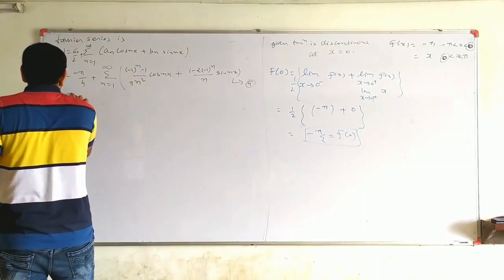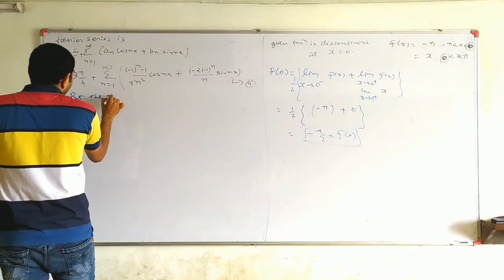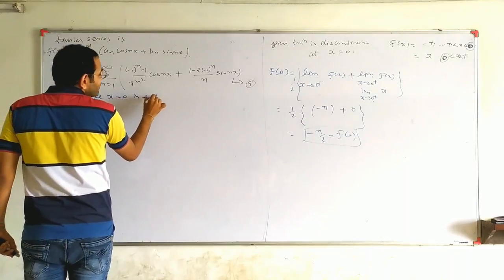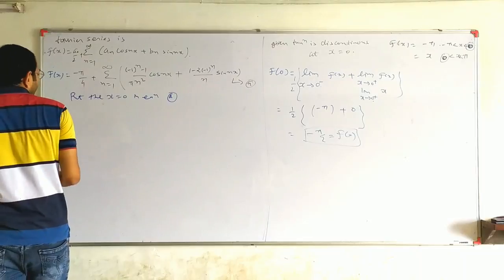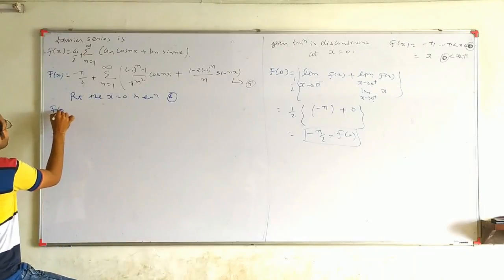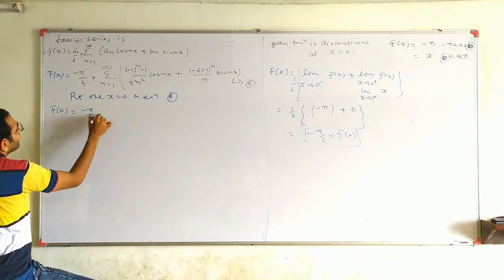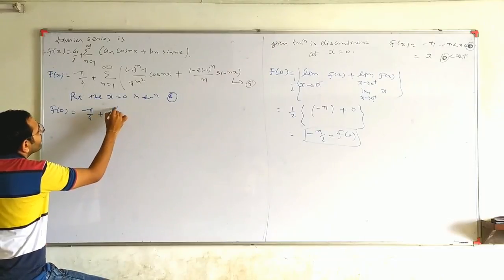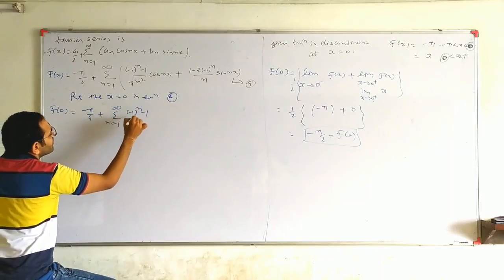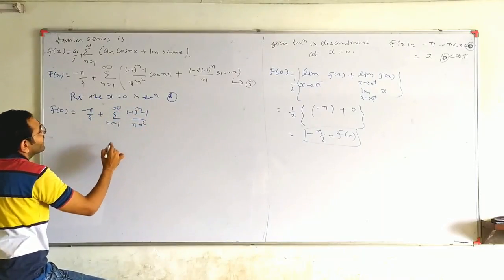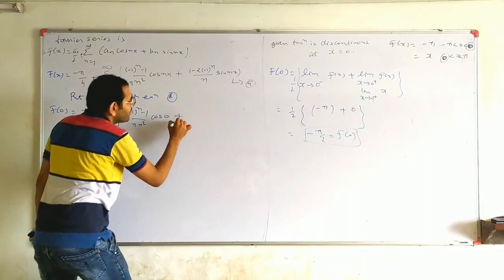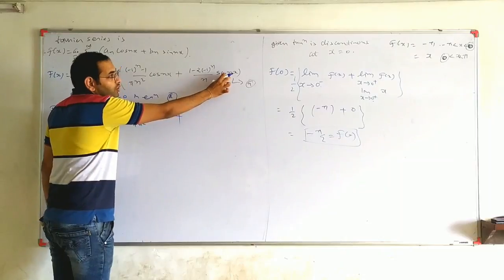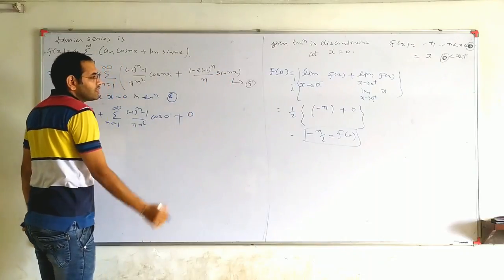Now put x equal to 0 in equation number 8. Then we get f of 0 equal to minus pi by 4 plus summation n equal to 1 to infinity minus 1 raised to n minus 1 upon pi n square, here cos 0 plus sin 0, that is 0.